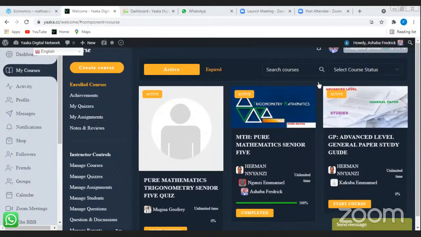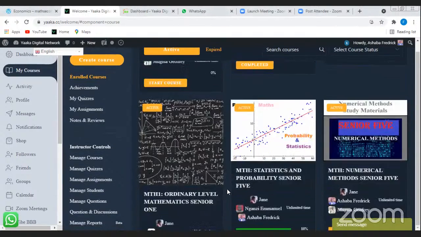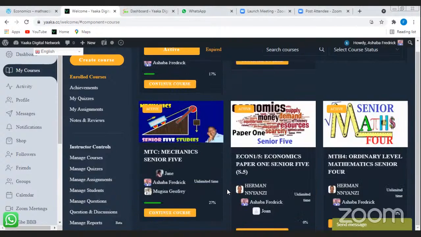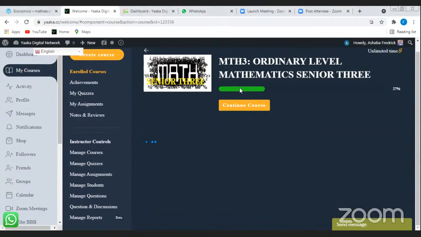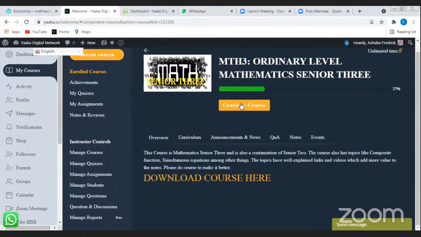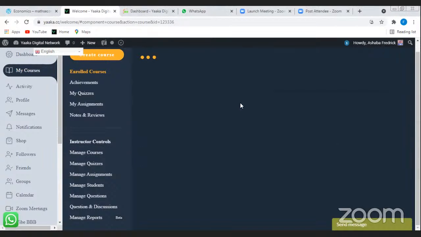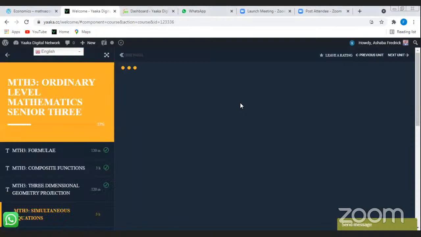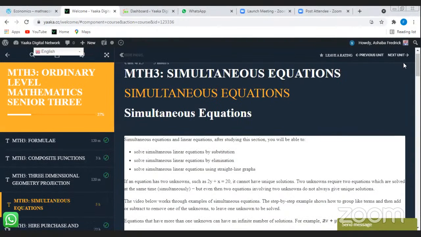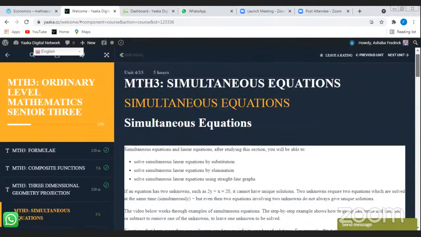So let me go straight to what we are going to cover. For simultaneous equations, those who haven't yet covered them, please get in touch with me and we see how best to cover them.